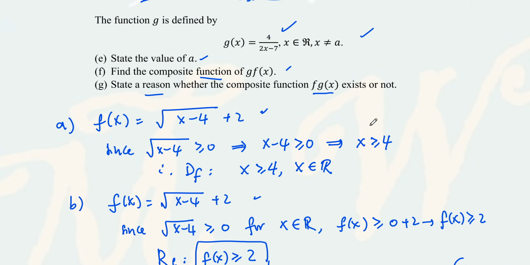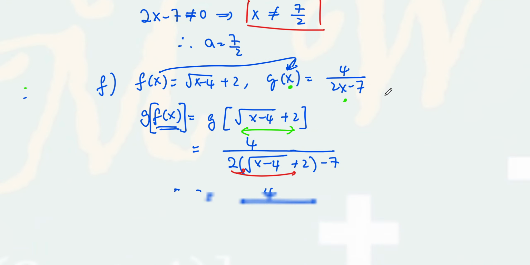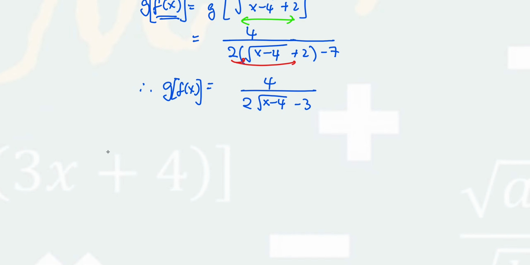Now, the next one is state the reason whether the composite function fg exists or not. Just now we found the gf, now fg. Okay, E, F, G. So fg. Alright, so for this fg, check the condition of the existence of composite function.